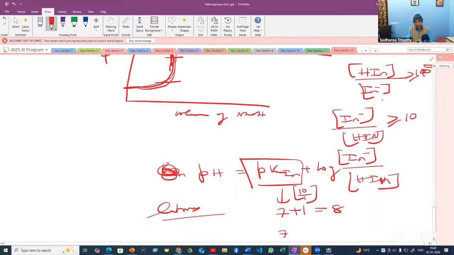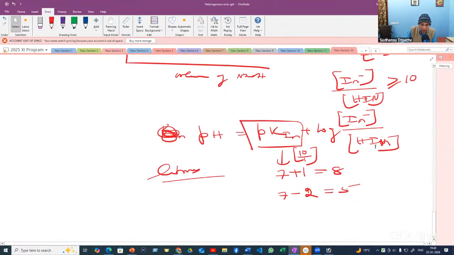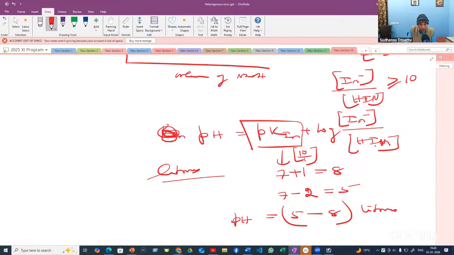And when it is 1 by 100, it will be minus 2. So the pH range is 5 to 8. So this is the range for litmus, a small range.